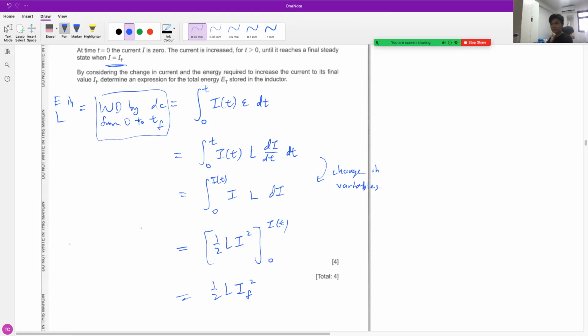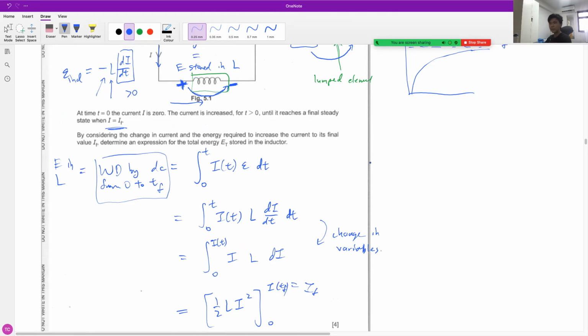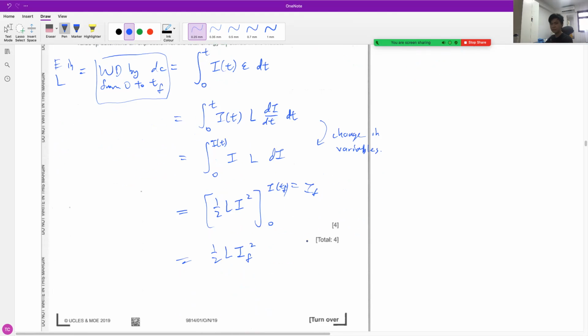Then at T_F, the current is just I_F. By right, actually this time will be infinity, which is why they didn't mention it in the question. But essentially we're taking T_F to be infinity.